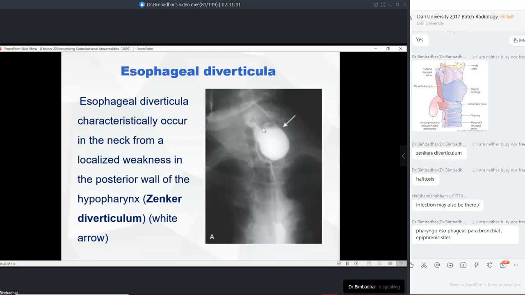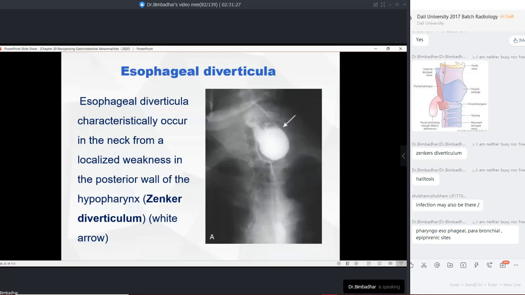So this indicates the collection of fluid inside the diverticulum. Which obviously tells me I'm looking at the cervical region of the esophagus, the location in between the thyropharyngeus muscle and the cricopharyngeus muscle. That is the weakest part, called Killian's dehiscence, and there is an outpouching here. That's the reason I made my diagnosis of Zenker's diverticula.